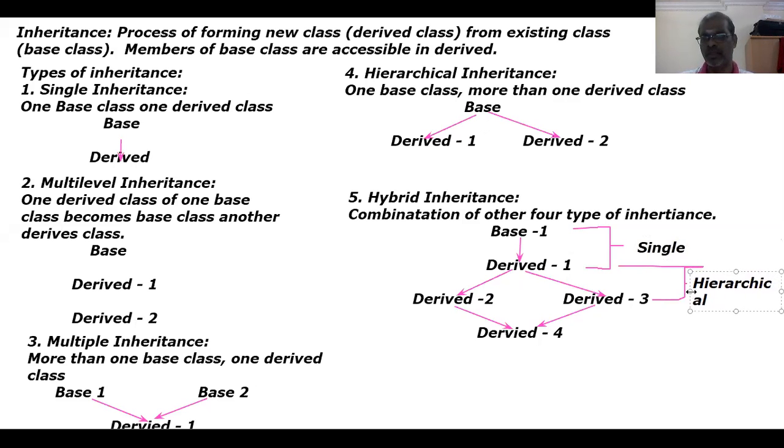More than one base class, one derived class. This derived 2 will be considered as a base class. Derived 3 will be considered as a base class. This is the derived class. So in this case, these three classes form more than one base class, one derived class.